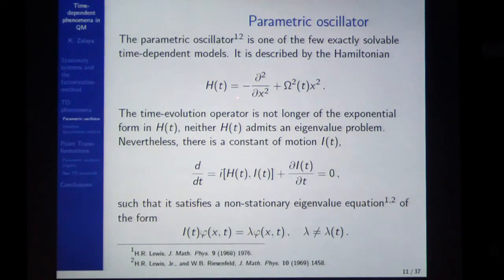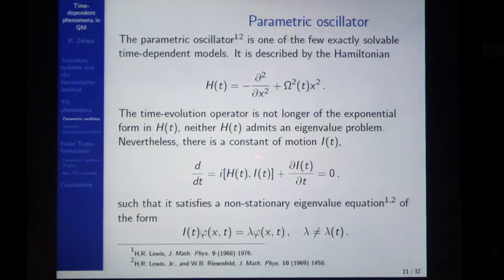Even if we cannot separate an eigenvalue equation for the Hamiltonian, it is possible to exploit other properties of this Hamiltonian. And it was noticed by Lewis and Riesenfeld that if we compute a constant of motion, let's say I, which satisfies this condition, this is the Heisenberg equation.